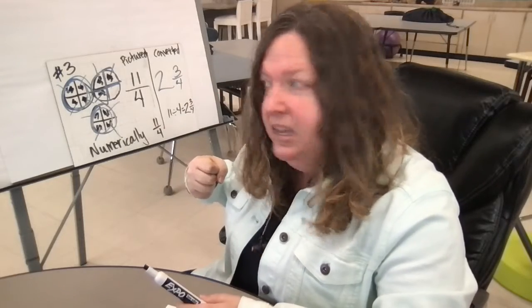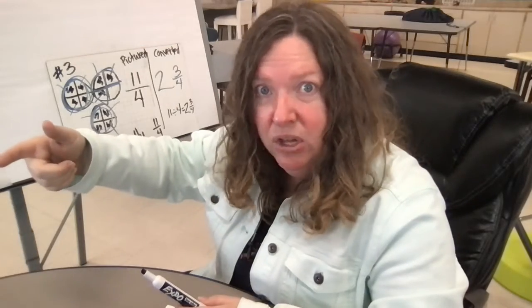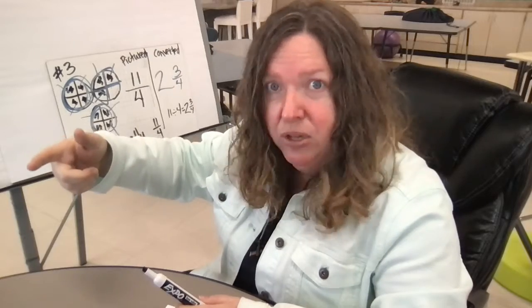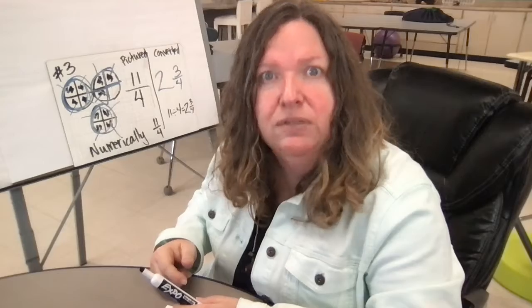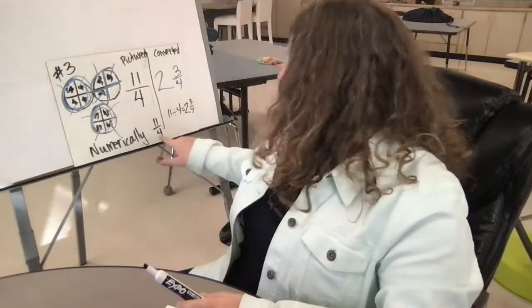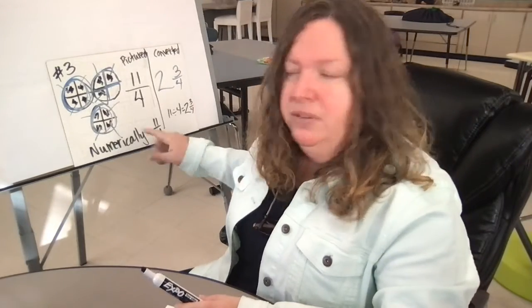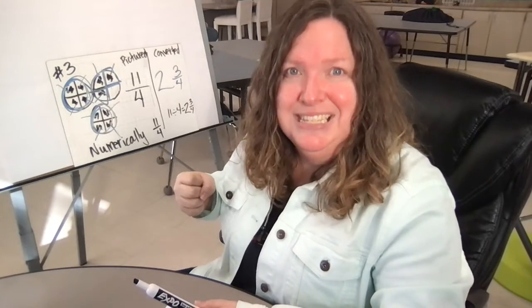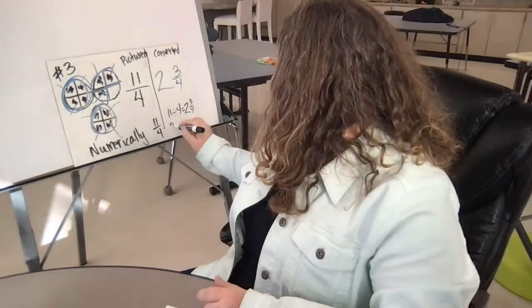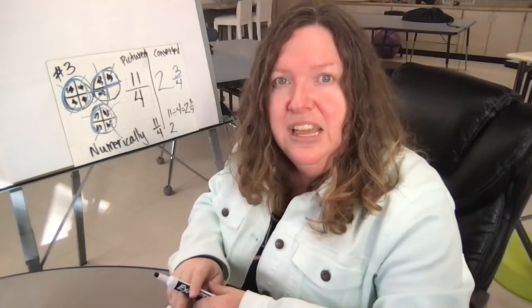But if it helps you think, 4 times what gives me close to 11, not going over 11, but close to 11, 4 times what? That can be a way to change it into multiplication if your multiplication facts are stronger. So how many times can I take 4 out of 11? I can take it out once, that's 4. I can take it out twice, that's 8. So I took it out twice, that was 8.